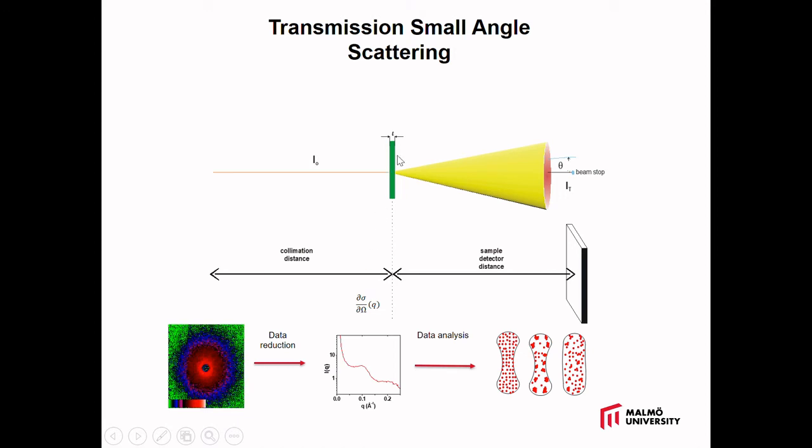In this case, this is actually data from red blood cells, and one gets this scattering curve. From the data analysis, one can look at the organization of hemoglobin molecules, which make up most of these red blood cells, that form this pattern inside the cells. And so one takes a reciprocal space image and turns it into a real space model.